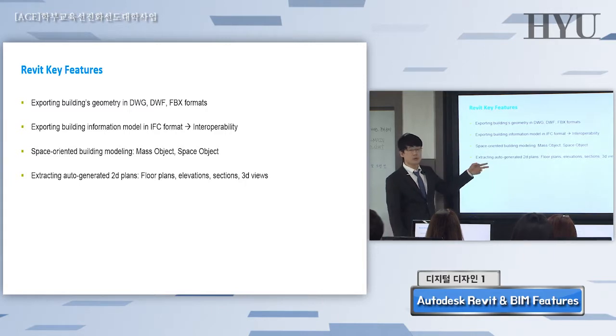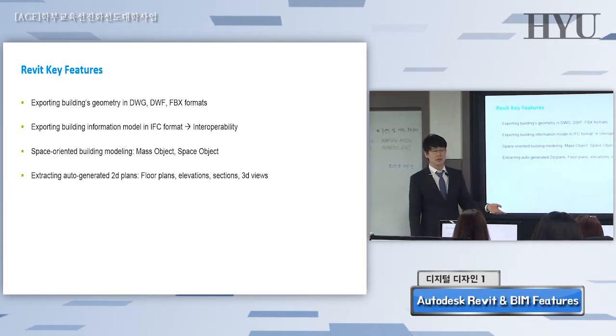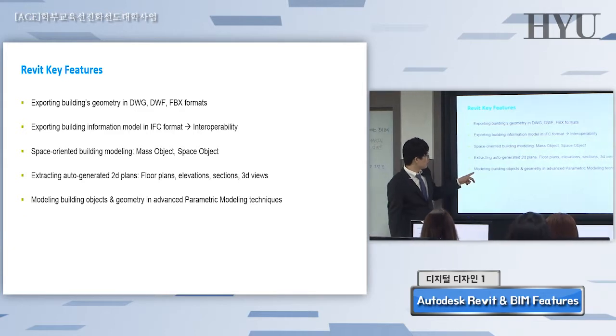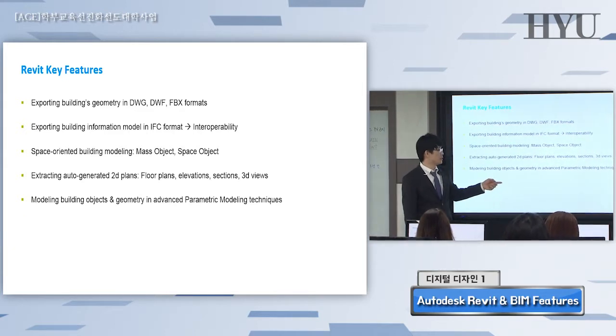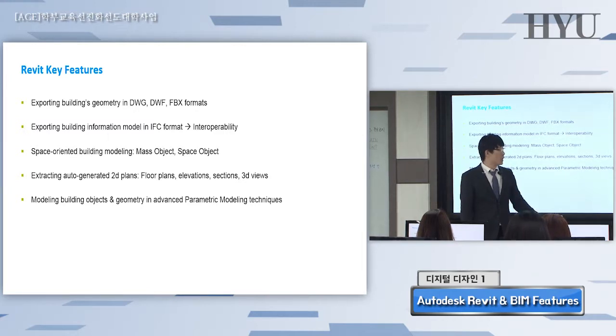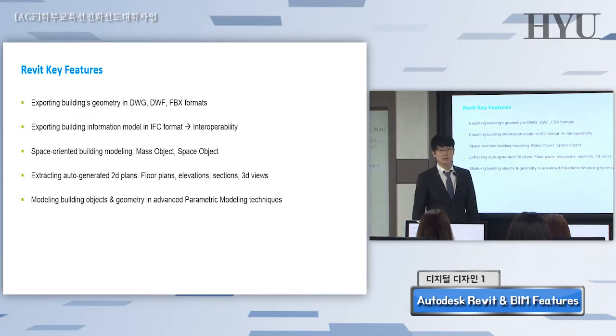If you need some annotation, place it, that's it. And there is modeling of building objects and geometry with advanced features: parametric modeling, solid modeling, and even more advanced features already auto-loaded in Revit.